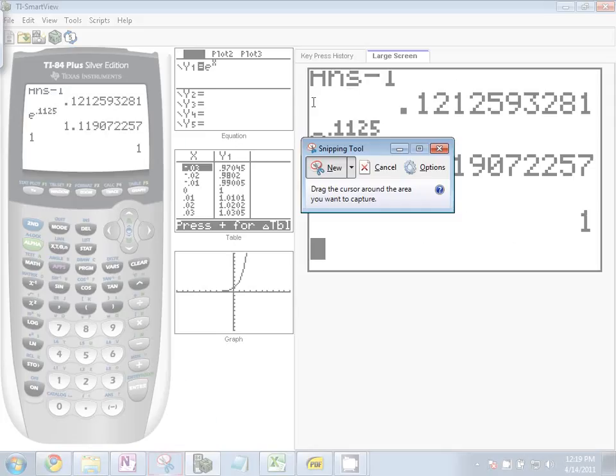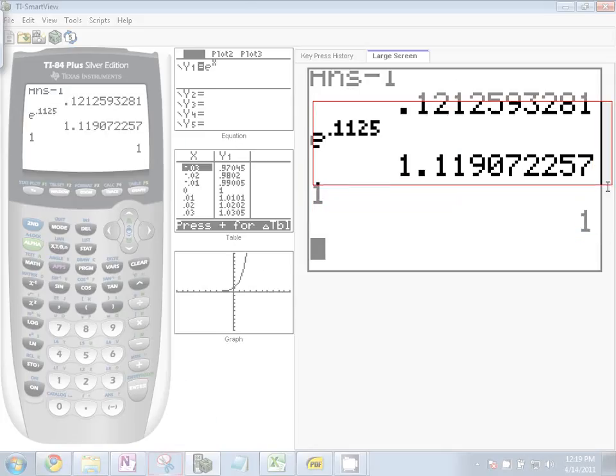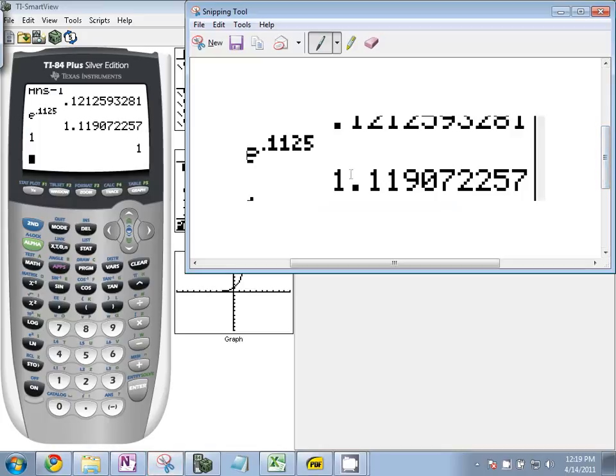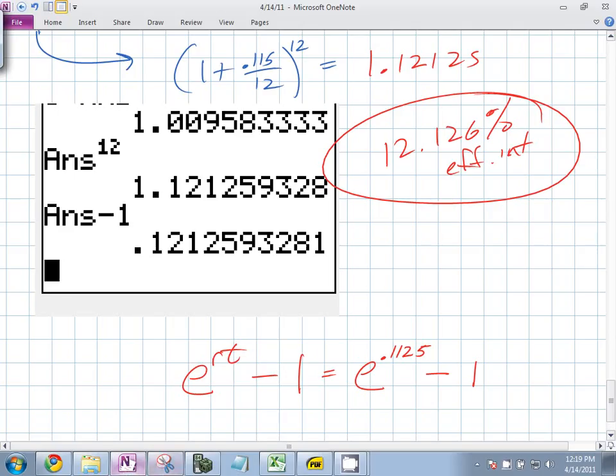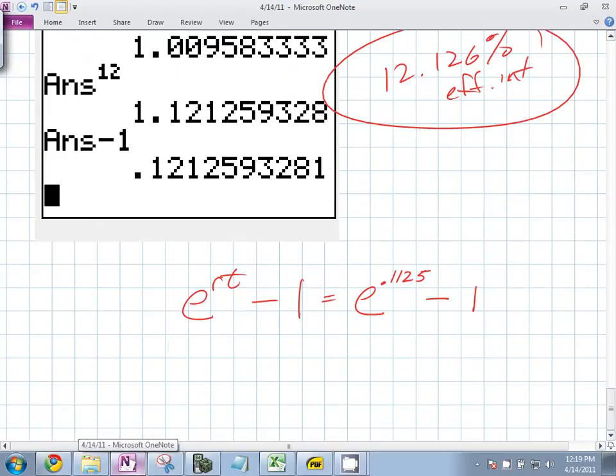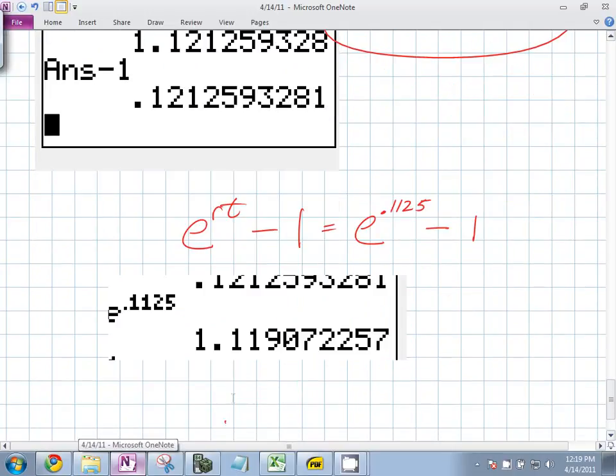This is the best effective interest rate for you because, why? Yeah, it's the smallest value, exactly. So in this case, you end up with an 11.907% effective rate.